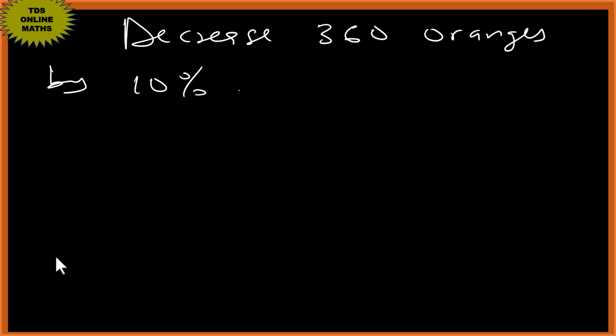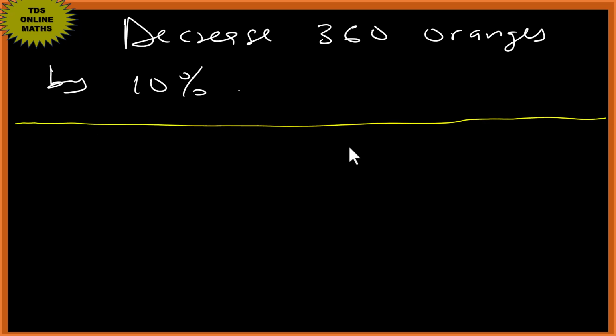Decrease 360 oranges by 10%. This one is not different from the first one. In the first question, we were tasked to increase 200 cedis by 20%. But this one, we are asked to decrease 360 oranges by 10%.